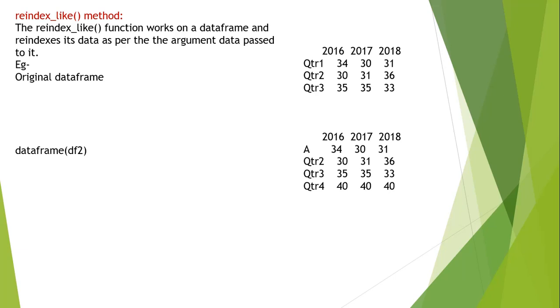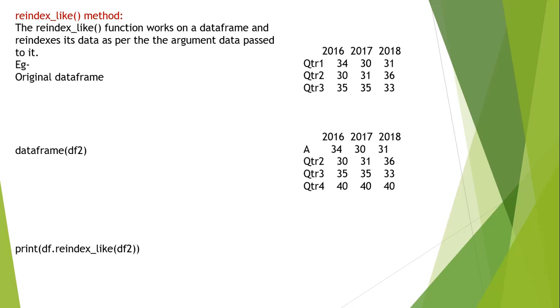Now you have to be very careful with this. Whatever the next lines are going to print, see, print df.reindex_like(df2). Here we are giving the special argument which is to be passed with the original data frame. This means that you have to index the original data frame df as per the indices of df2.